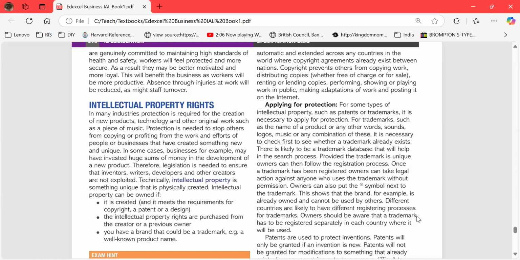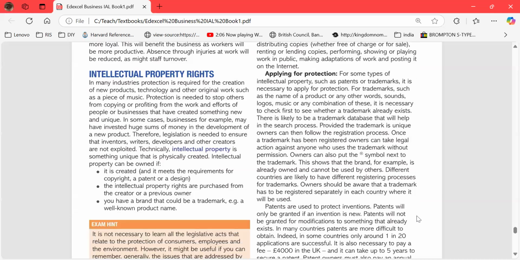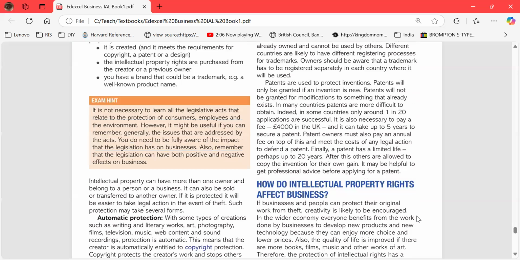So intellectual property rights safeguard those companies for a particular time period. Other firms are not allowed to copy. So this is a good way to help innovation. You have to apply for it.